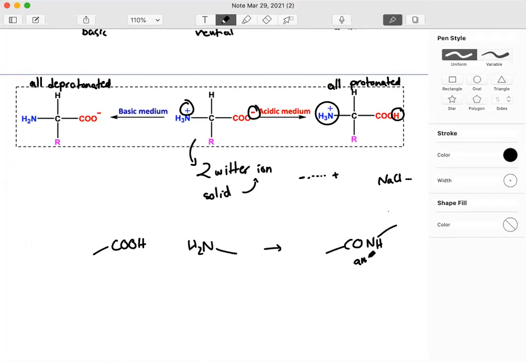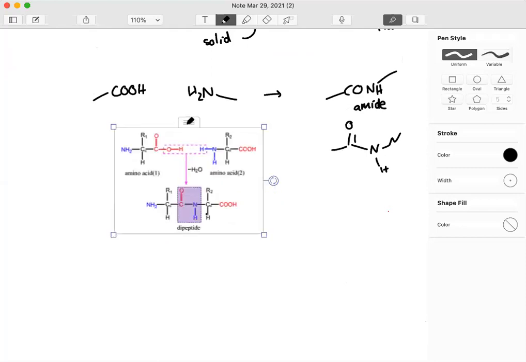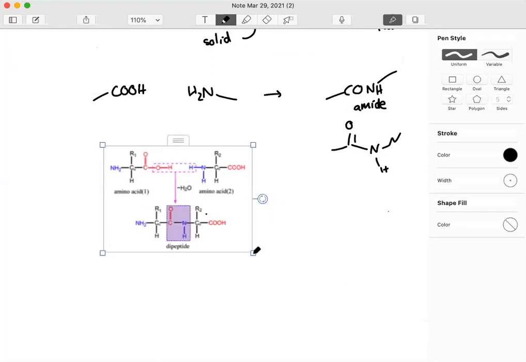So this is the amide linkage. C double bond O مع nitrogen and whatever the nitrogen is connected to. So in a hydrogen or whatever. The amide linkage in amino acids we call it a peptide link. فبيعمل what we call a dipeptide. Are we good?